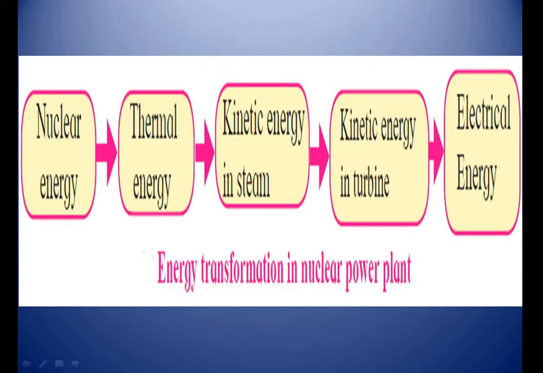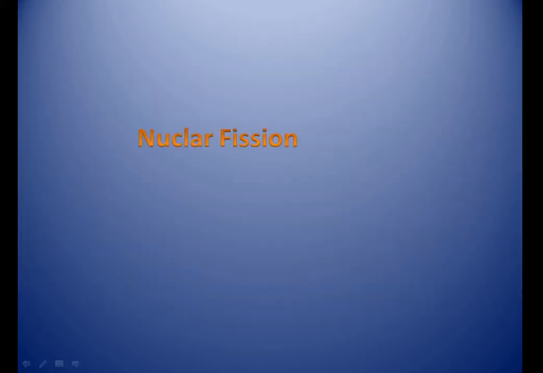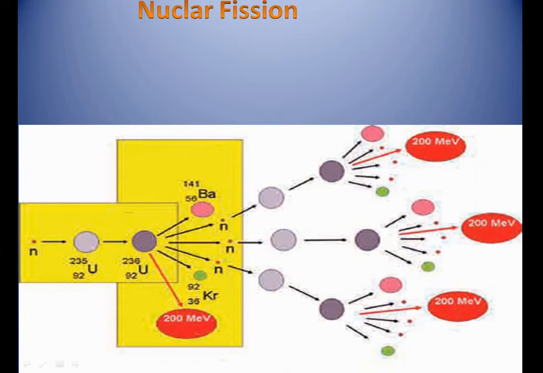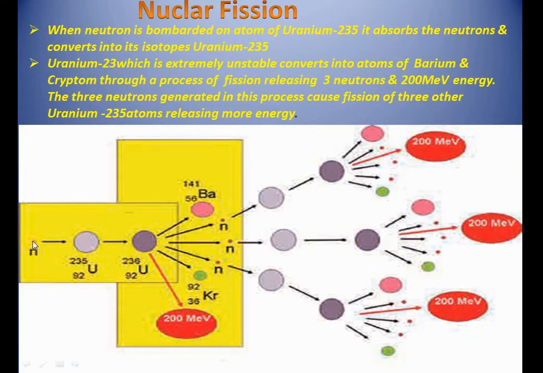Now let's see how nuclear fission takes place. When a neutron is bombarded on an atom of uranium-235, it absorbs the neutron and converts into its isotope, that is uranium-236.